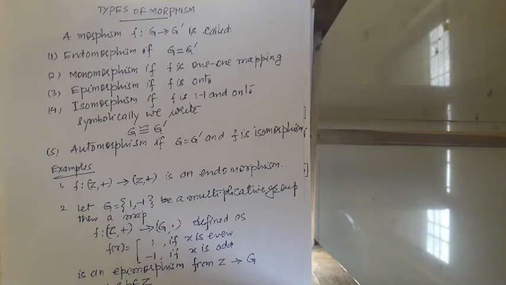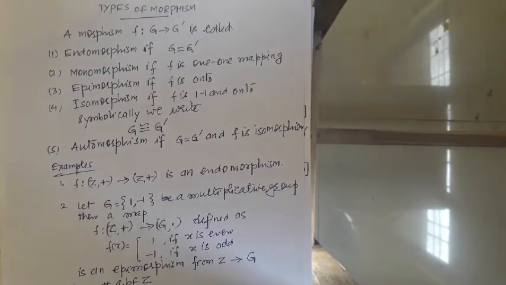This can also be expressed as a 1 to 1 correspondence. And the fifth one is automorphism. An isomorphism is said to be an automorphism if G equals G dash.